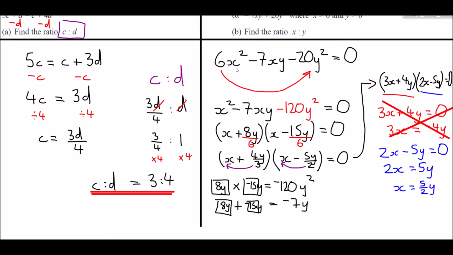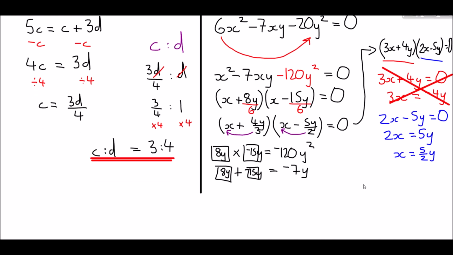So we want the ratio of x to y, so what we can say now is that therefore x to y, well I know that x now is 5y over 2, or 5 over 2y, whichever you want to think of it as. 5y over 2 I'll go for. I'm going to leave y as y.